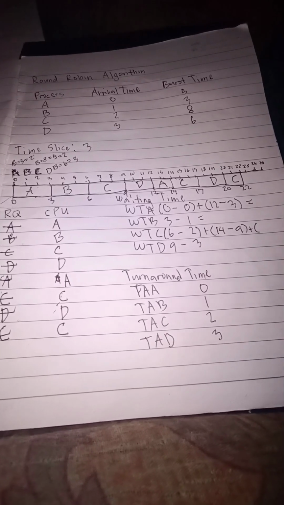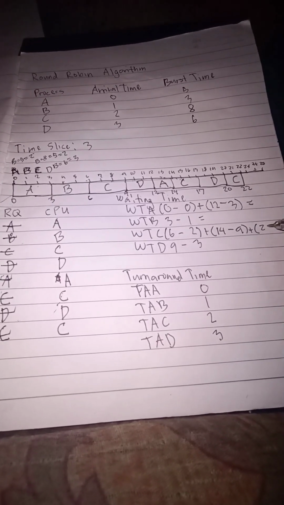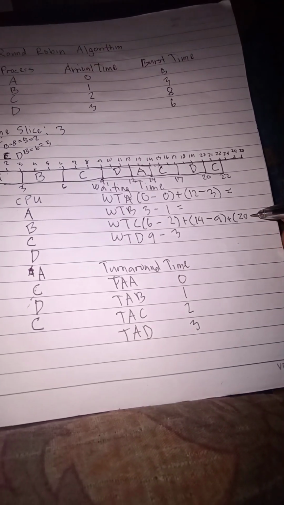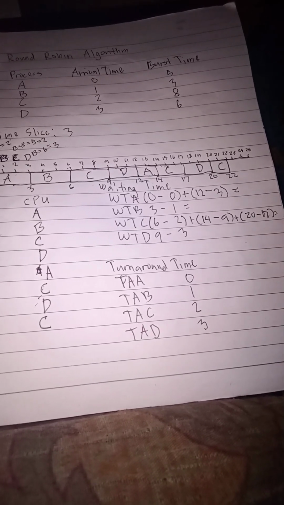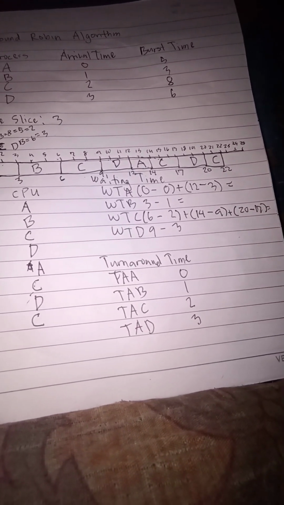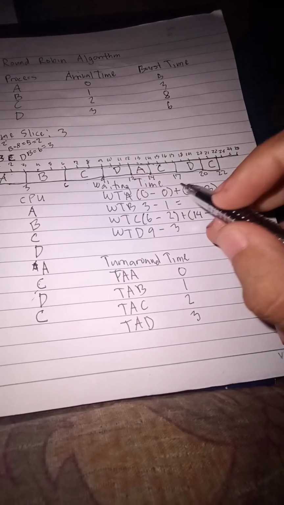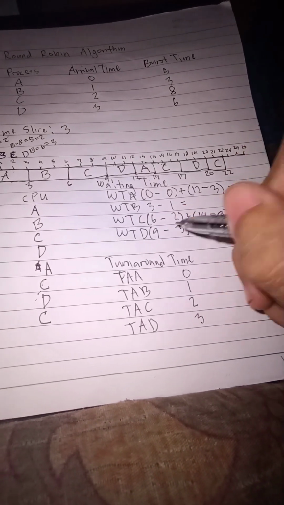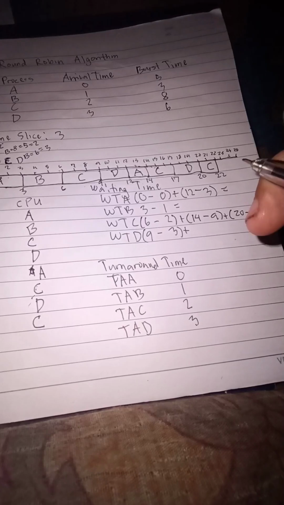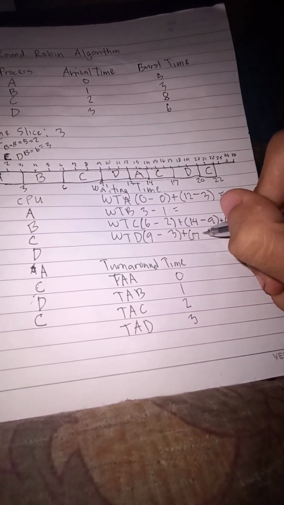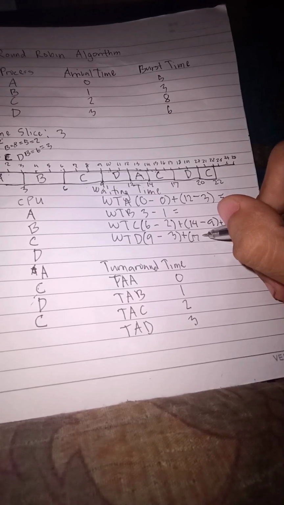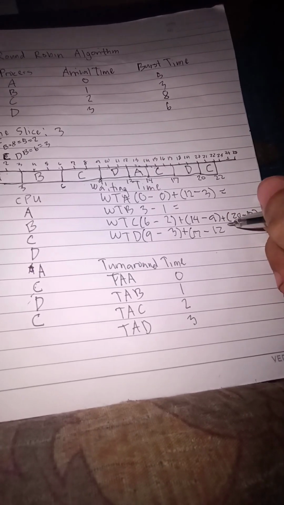Plus next is the third execution, which is 20 minus 17 equals. And lastly is D. Here just repeat the same process, 17 and 12.